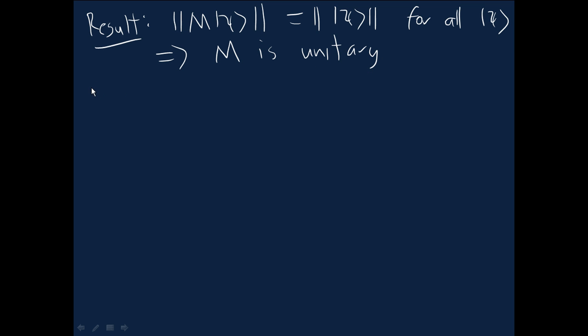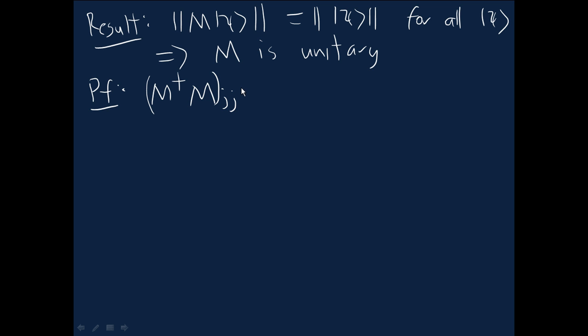To prove this, we'll suppose that it preserves lengths, and we're just going to analyze the matrix M dagger M. We're going to show that it is necessarily equal to the identity, and we're going to do that in two steps. The first is we're going to look at the diagonal element, so the jth element, and we'll show that that's equal to 1. And we'll also look at the off-diagonal elements a little bit later, and we'll show that those are equal to 0. And that's enough to show that M dagger M is equal to the identity, and therefore that M is unitary.